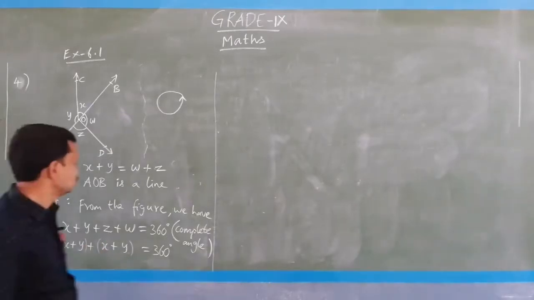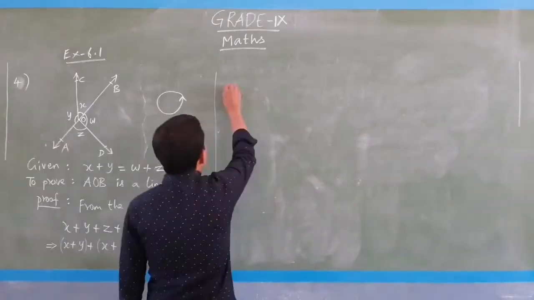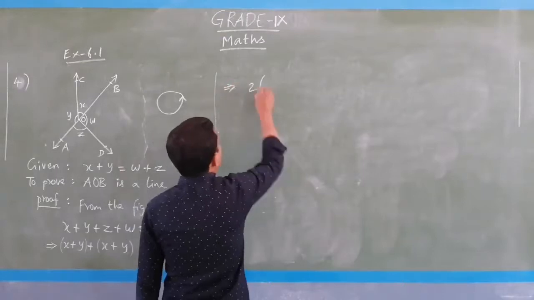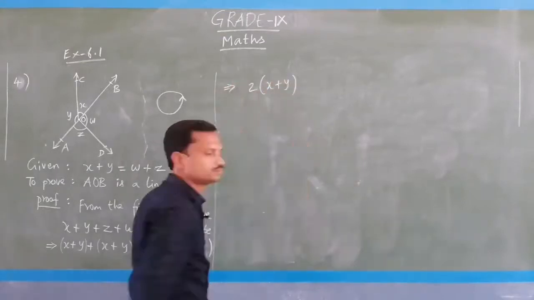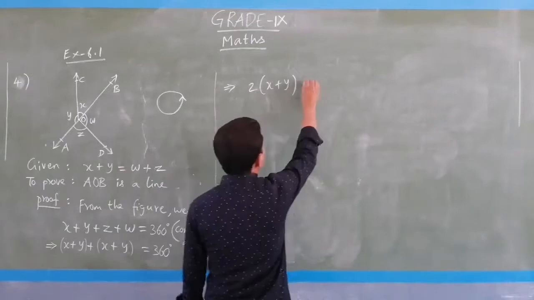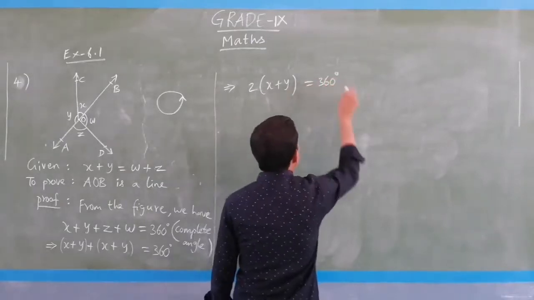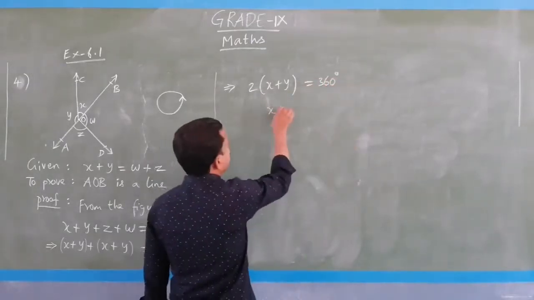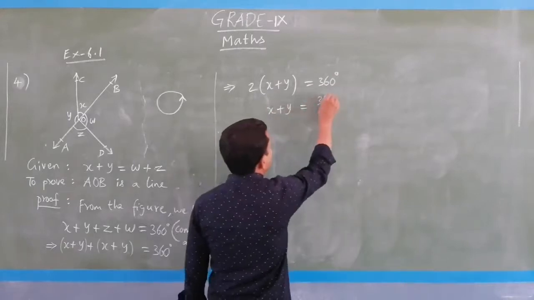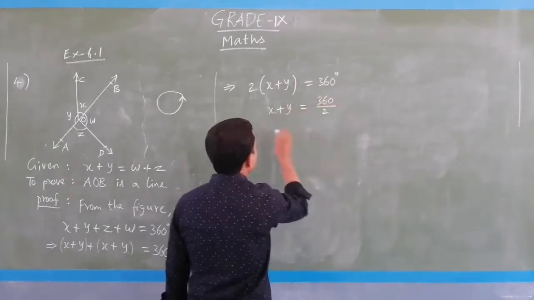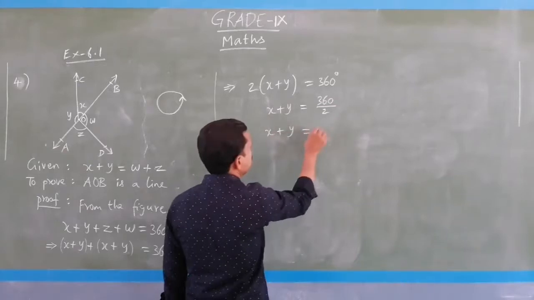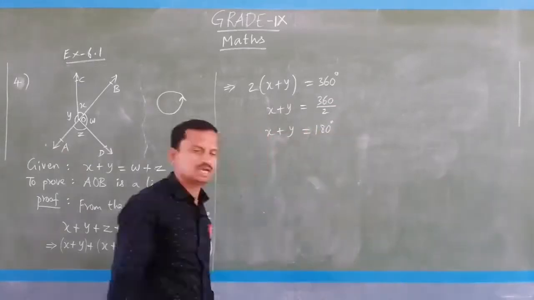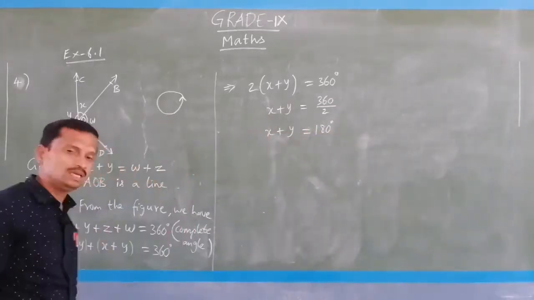So, we can have 2 into x plus y, that is equal to 360 degrees. And now we can write x plus y equal to 360 by 2, which is nothing but 180 degrees. x plus y equal to 180 degrees.